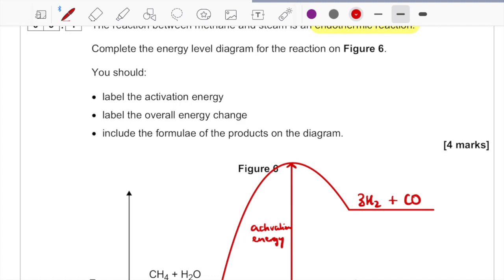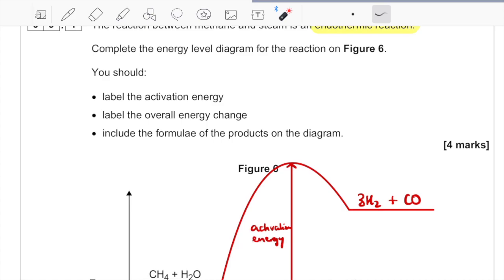Now, some of you were drawing things like this, and that isn't clear enough, or like that. It's not clear enough. It's got to start at the right height and it's got to finish at the right height. I cannot stress that enough.